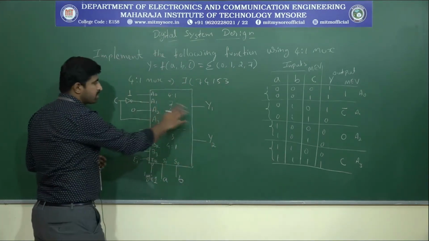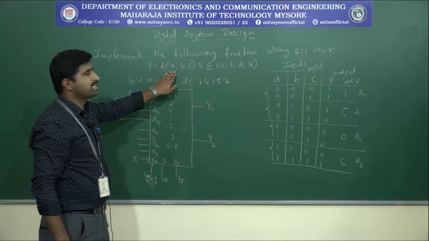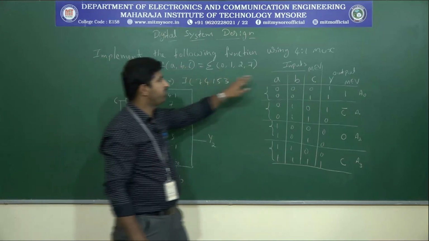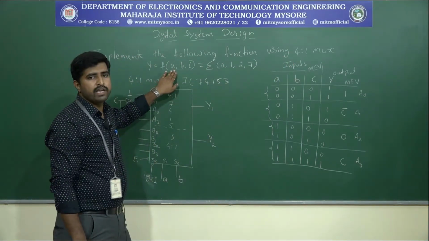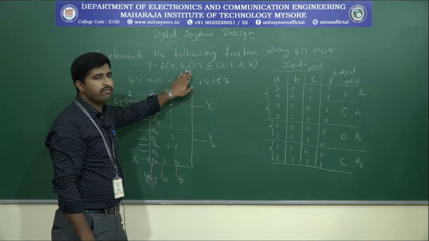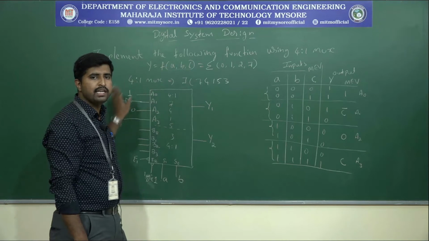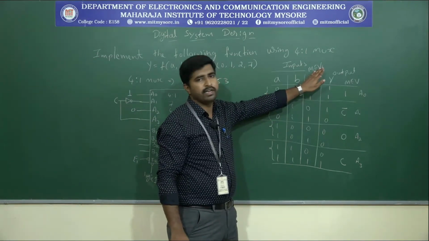So I hope you understood this problem. We are going to repeat once again. If 3 variables are given to implement in a 4:1 mux, the starting 2 variables, or MSB variables, will be connected to the select lines. The remaining 1 variable will be represented as an input. That input is called a map entered variable.